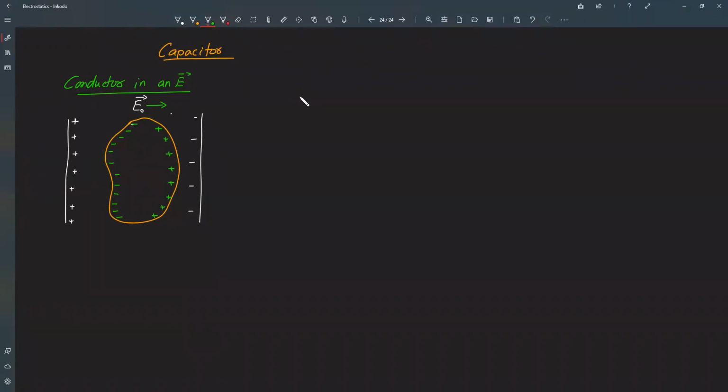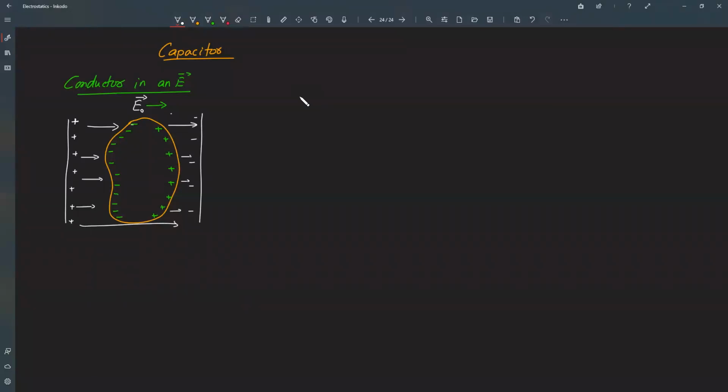So that means what? In addition to the outer electric field, what is the direction of the outer electric field? From positive to negative. So this is the direction of the outer electric field, which was there due to the charges on the positive and negative plates.